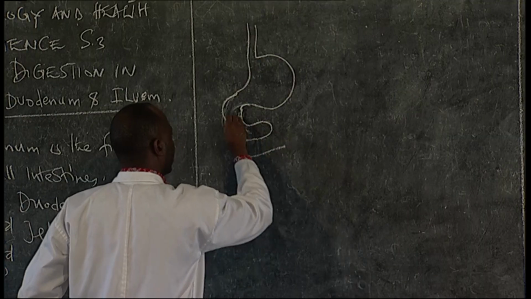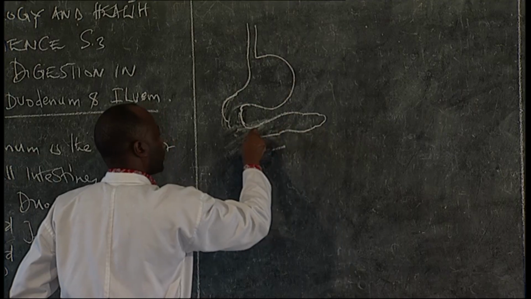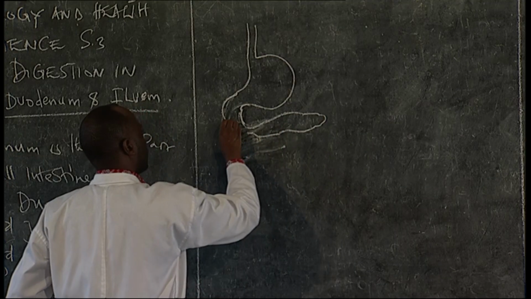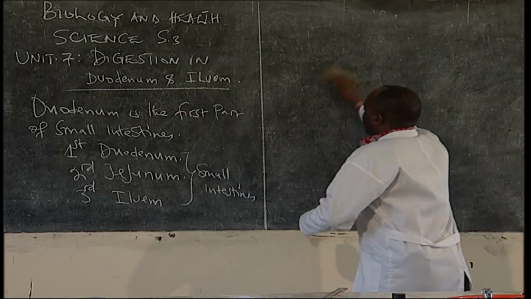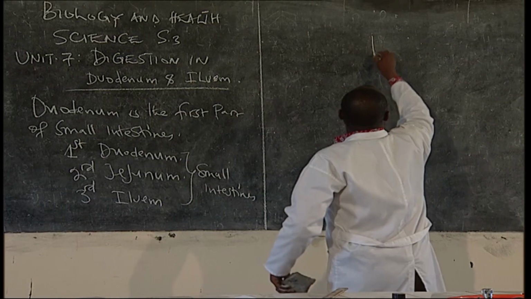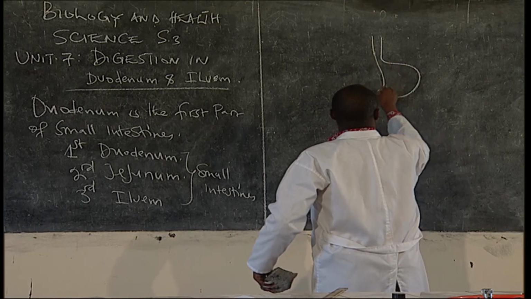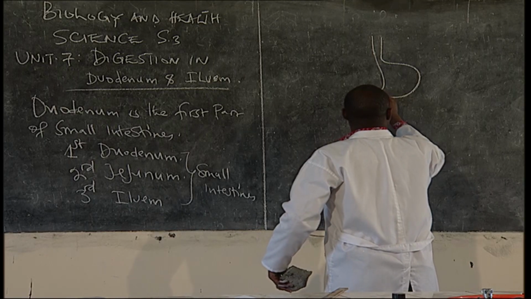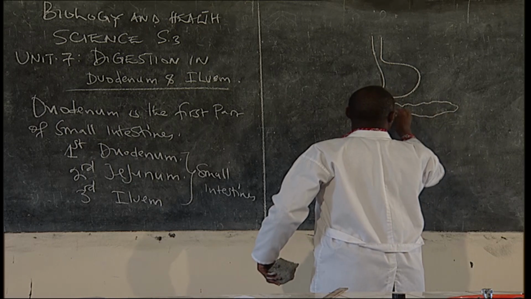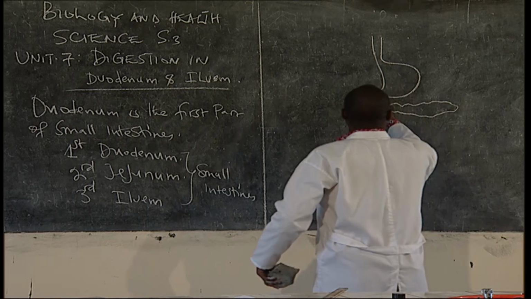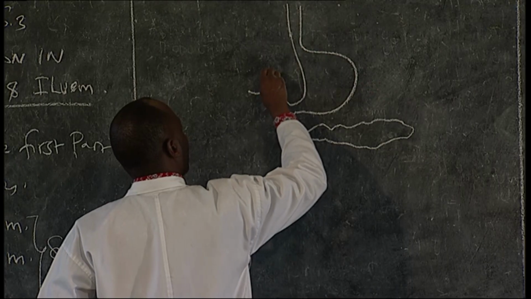This is the part which is the accessory organ. Let me try to draw it very clearly. We have the diagram which is drawn like that. This is the stomach, and from there we have the first part, which is the duodenum, and we have the liver, and this is the pancreas.